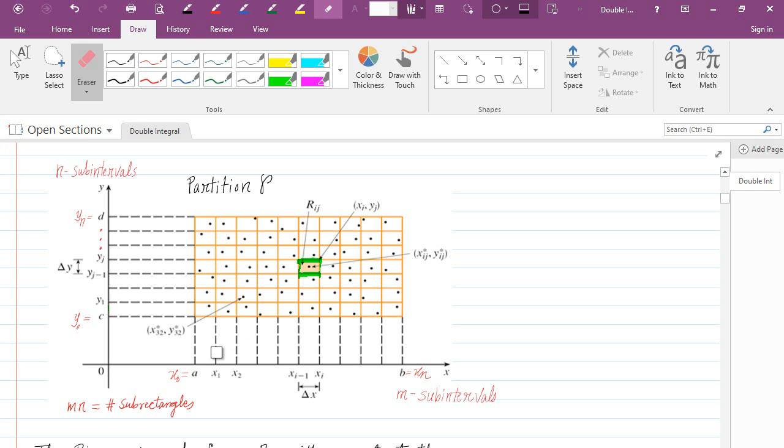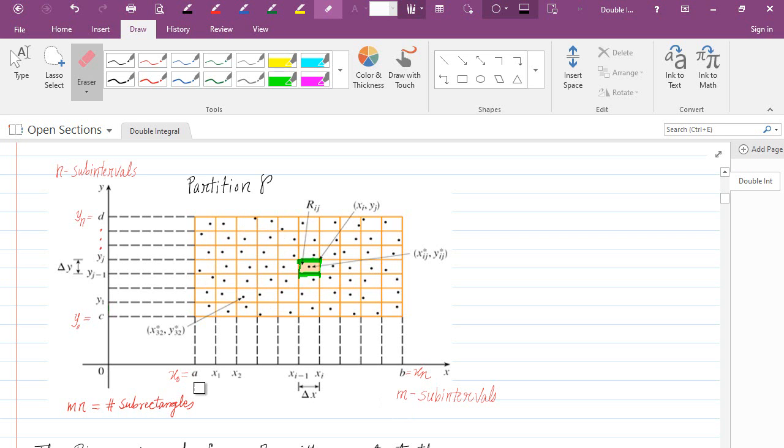First of all, I am going to divide this rectangle into vertical strips. So let's say we're going to divide this into m vertical strips. So these are the vertical strips.